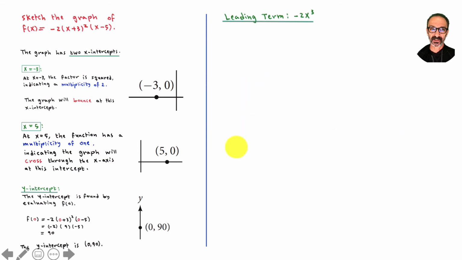So this part right here is going to be up, and this part here is going to be down. So in general, for this cubic, at the end, from the right and the left, that's how it's going to look. It's like I'm coming down here, and at the end I'm going to go down here.